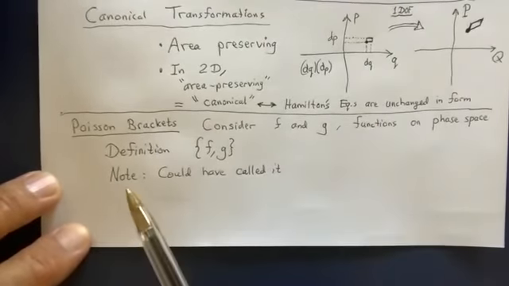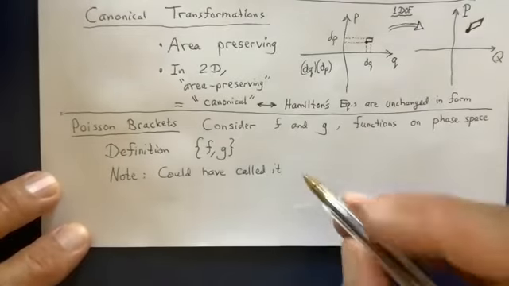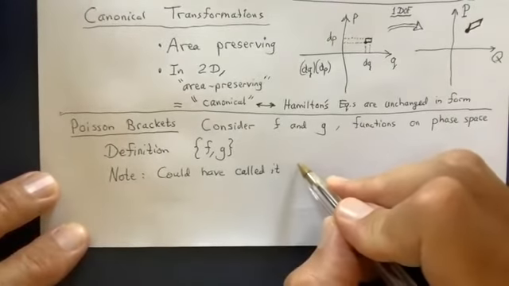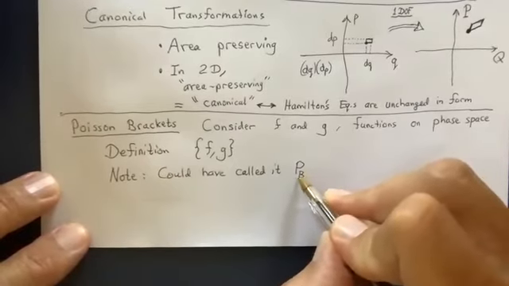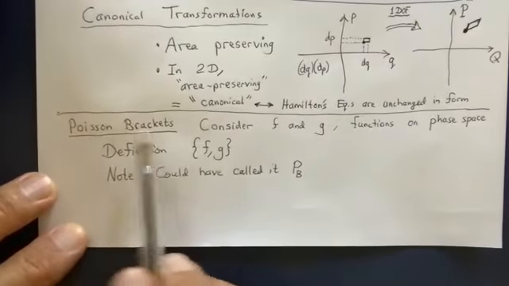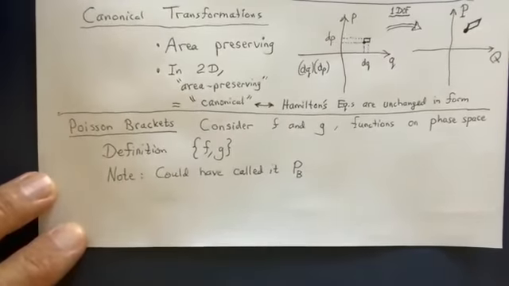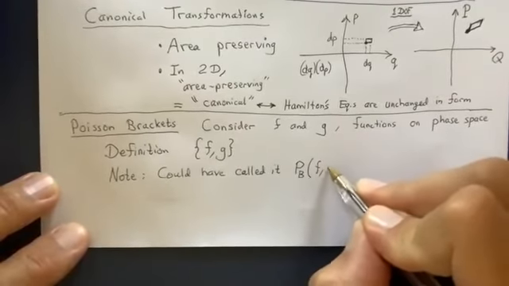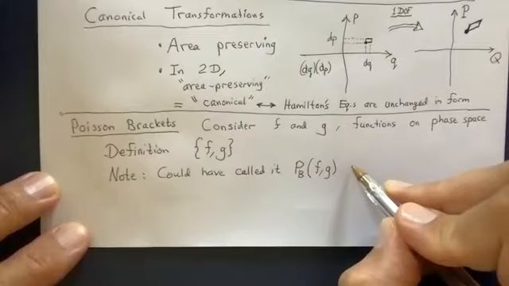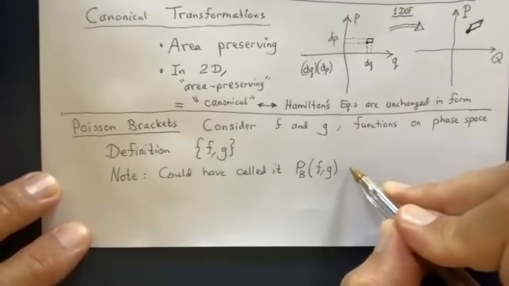It gives you a new function defined on phase space. So we could have simply called it PB, right? If you look at the letters Poisson bracket, let's just name the function PB. It is a function that takes two functions and gives you a new function, right?